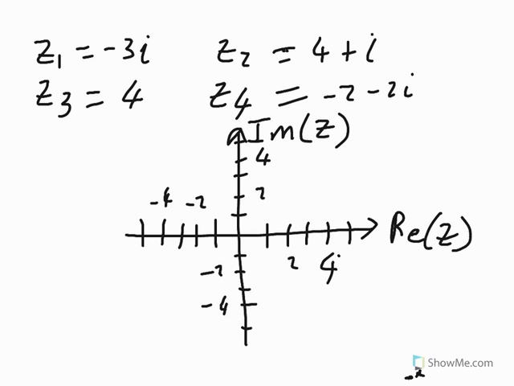So let's have a look at Z1. So our real part is 0 and -3 on the i, so there's our Z1. Z2, 4 on the real part and 1i, so that puts us here.